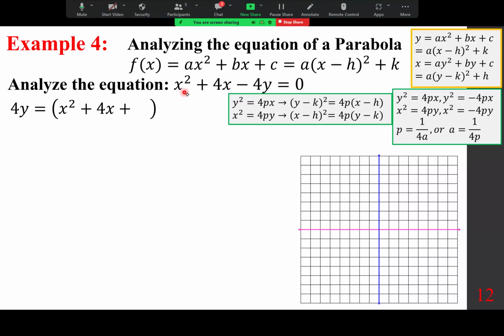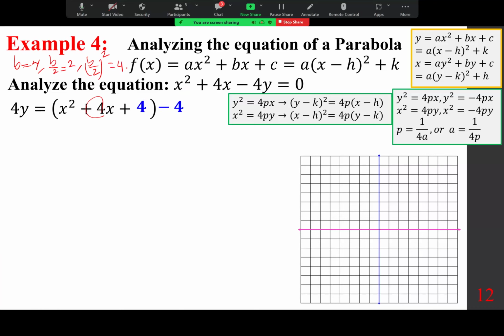Completing this square means I need to add a number to complete the square. I'm going to write this as b equals 4, divided by 2 is 2, squared is 4.